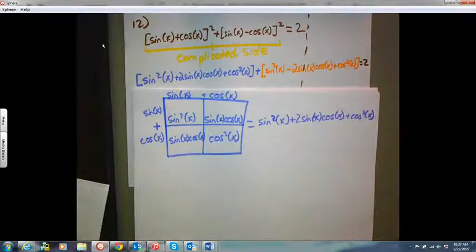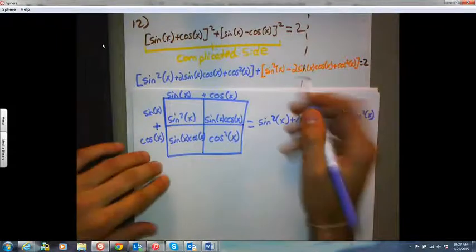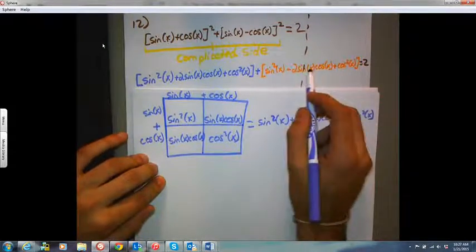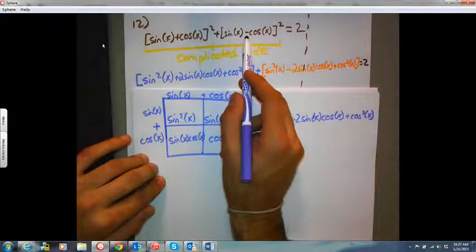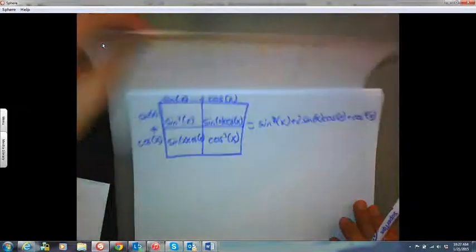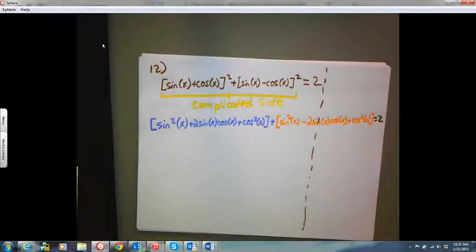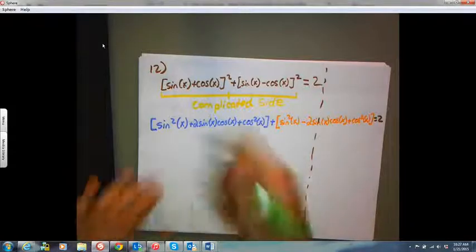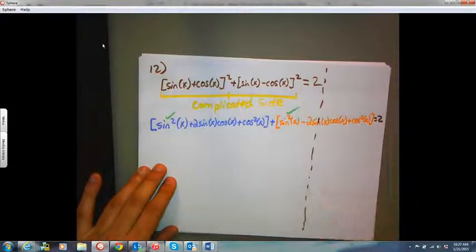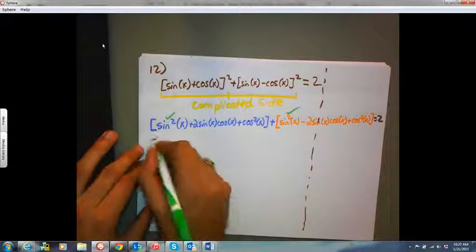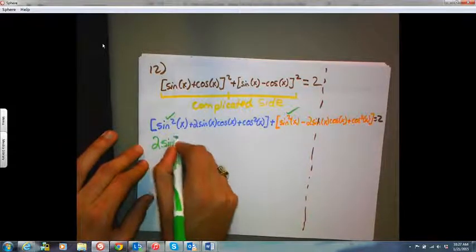Okay, now combine like terms. Let's identify these with a check mark. So here's a sine squared. Here's another plus sine squared. That's going to be 2 sine squared of x. Here's a cosine squared. Here's a cosine squared. It's going to be a plus 2 cosine squared of x.